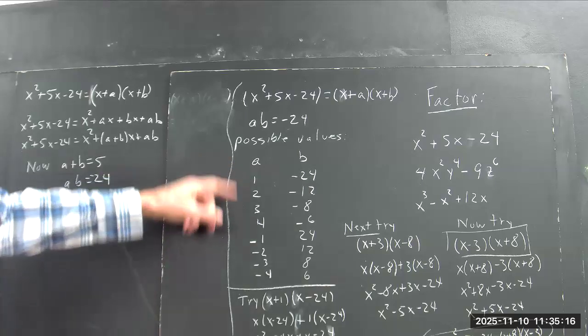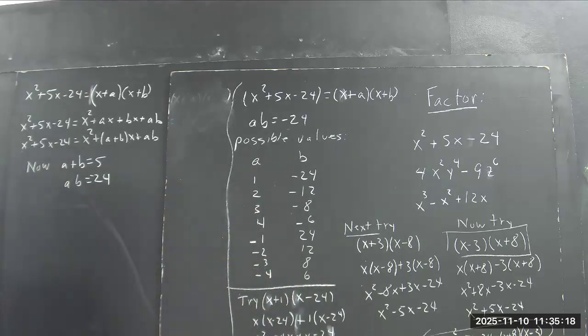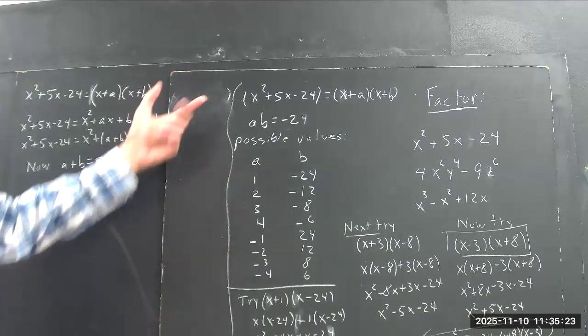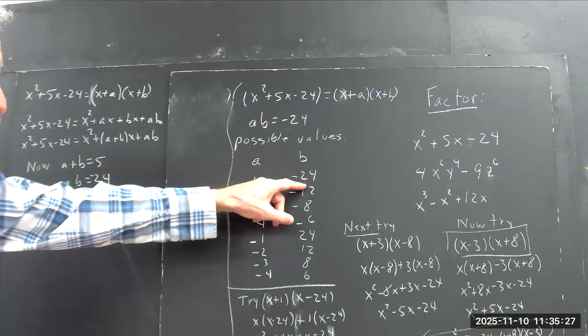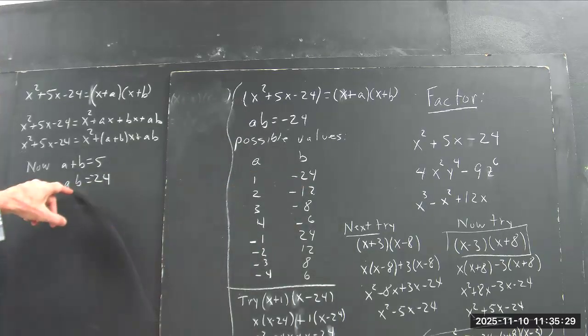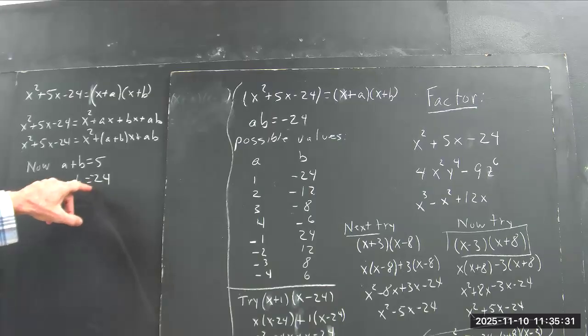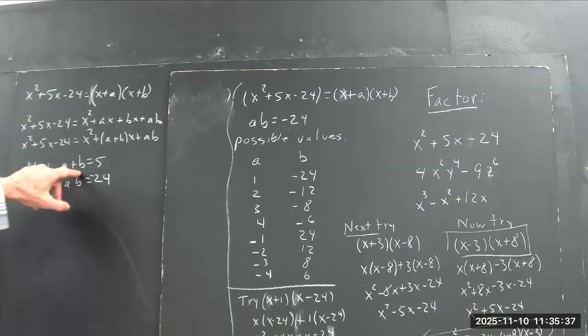Well, again, we could list all our possible factors and see until we find one that adds up to 5. Okay, 1 and negative 24. Well, a equals 1, b equals negative 24 satisfies this. ab equals negative 24, but a plus b is negative 23. That's not going to be any good.